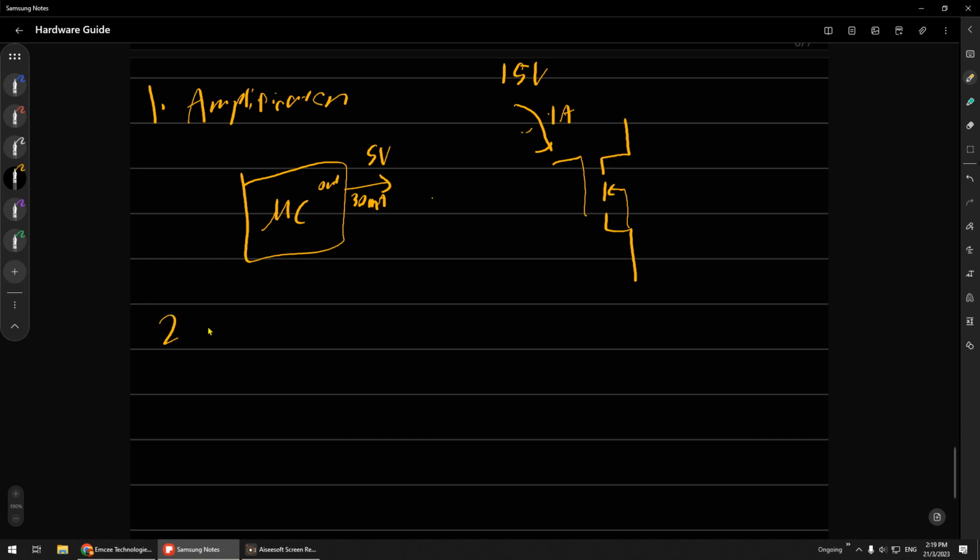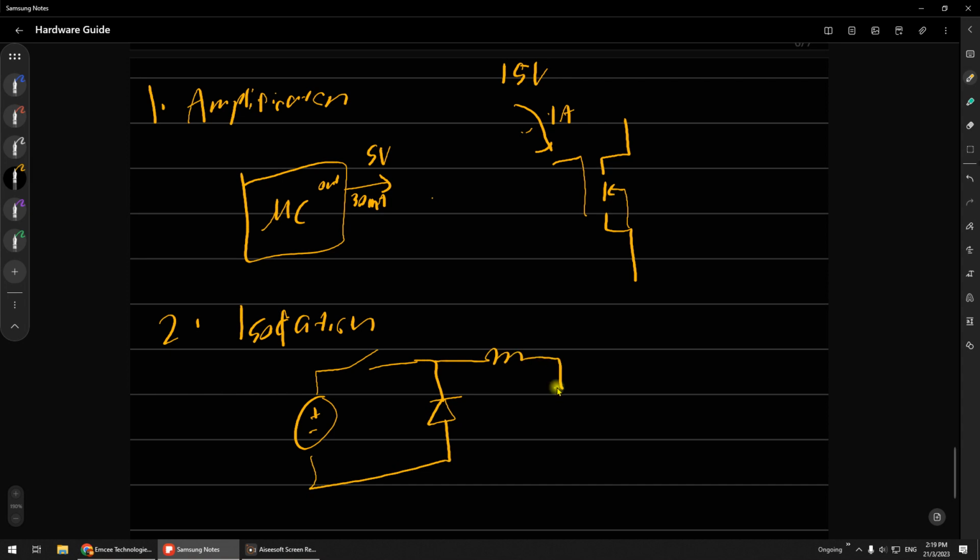And the second reason is isolation. Imagine you have a MOSFET here, and this is a buck converter, something like this, with inductor, capacitor and resistor.